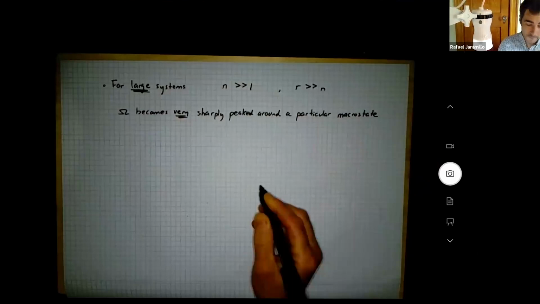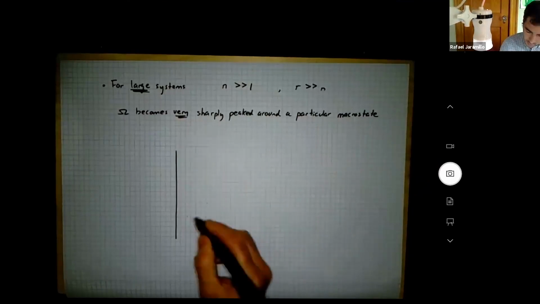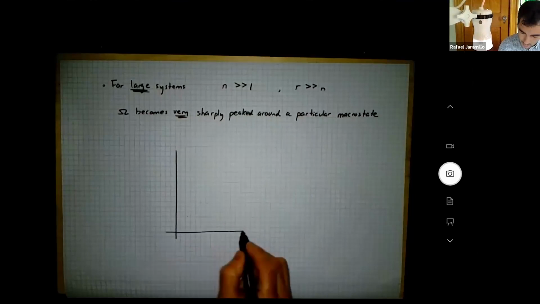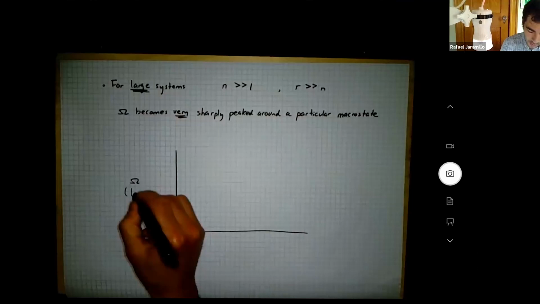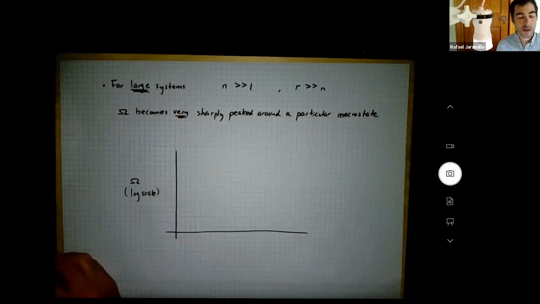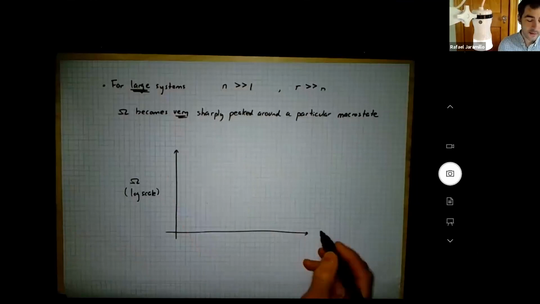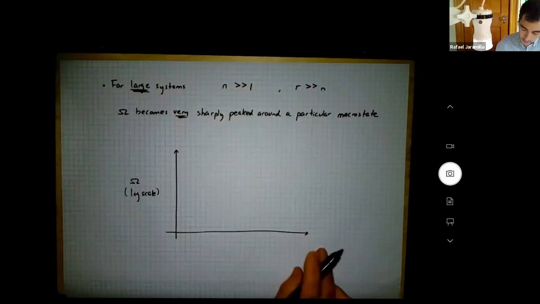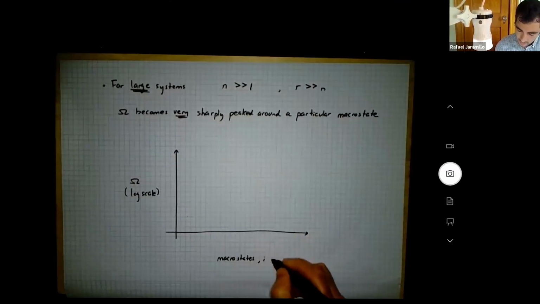What does that look like? Here I'm going to plot omega, and it's going to be on a log scale. I'm not going to put tick marks on there, but I just want you to appreciate the orders of magnitude involved. So I'm going to tell you this is a log scale. And the abscissa here are macrostates, let's say indexed somehow.